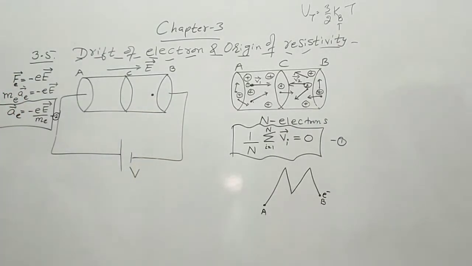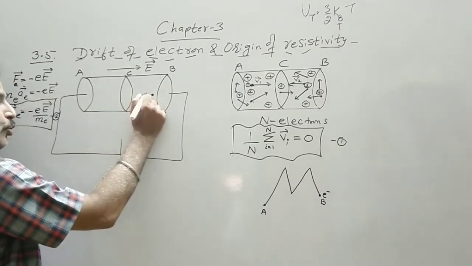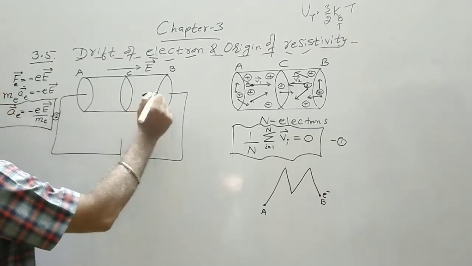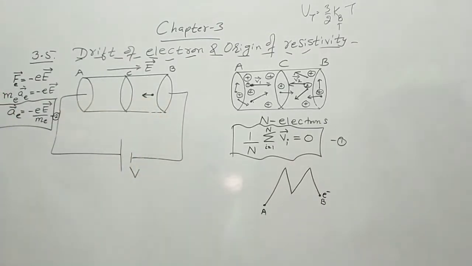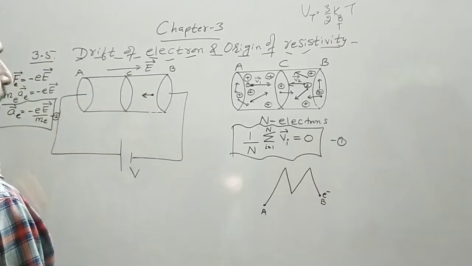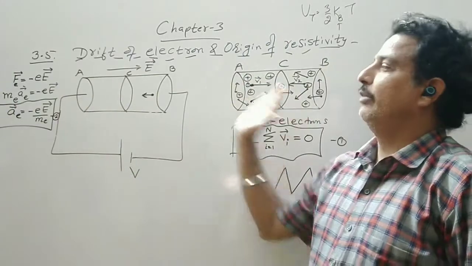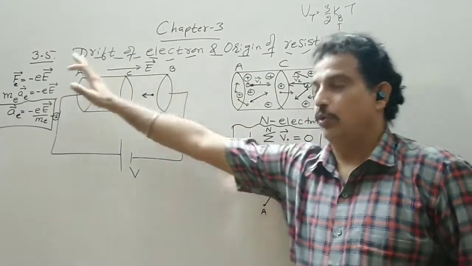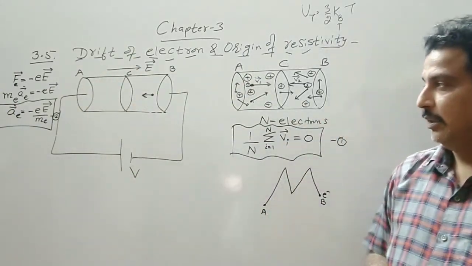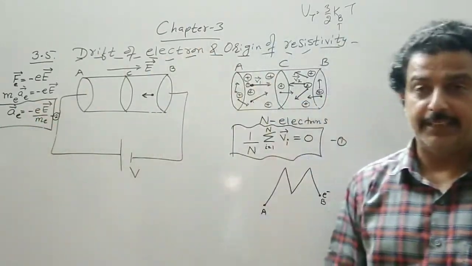Now this electron has no option, but it has to move from cross section B to cross section A. So for me it is towards the left hand side, or if I say like this, it is moving from cross section B to cross section A. And its acceleration is minus eE upon m_e.